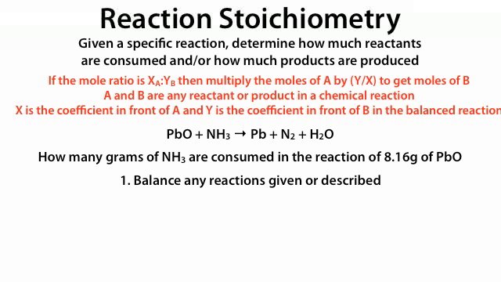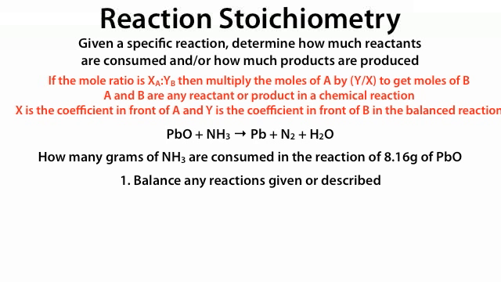If we look at the reaction given here, we can see that this equation is not balanced. For one, we have 1 atom of N on the left side and 2 atoms of N on the right side, so we know that we need to balance this equation.